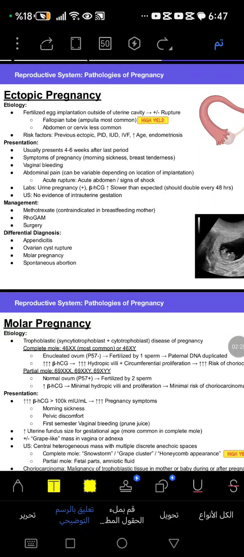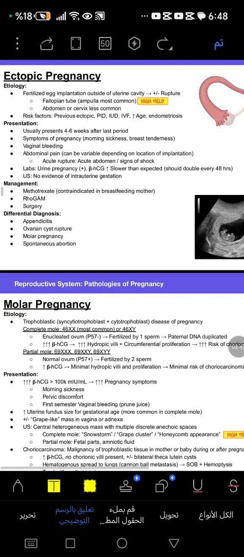Ectopic pregnancy is extrauterine pregnancy, which is abnormal. It simply means implantation occurs outside of the uterus. Why?